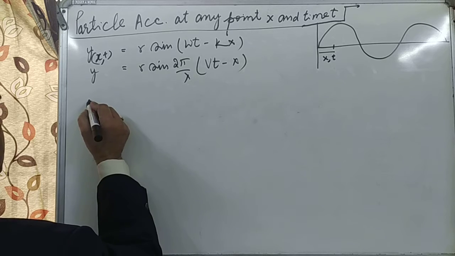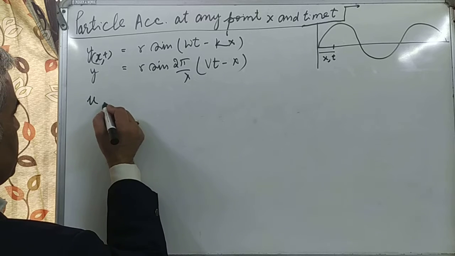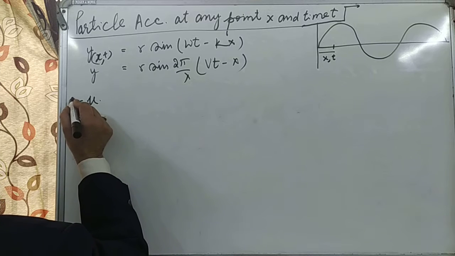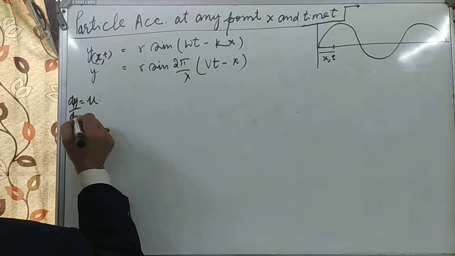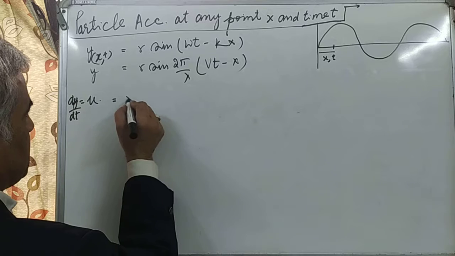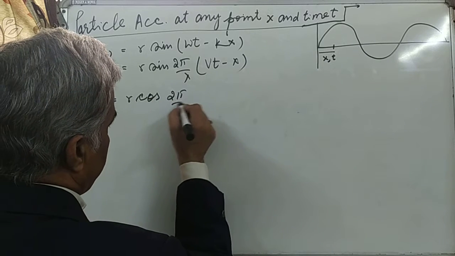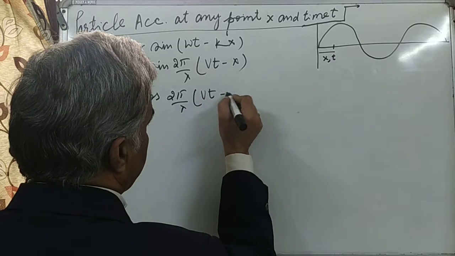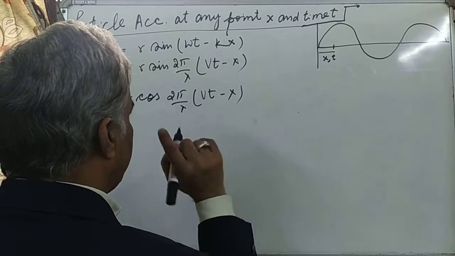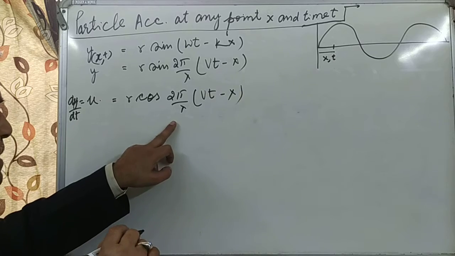So you will find the velocity of the particle, u, which is dy by dt, and this is r times the derivative of sine, which is cos(2 pi by lambda (vt minus x)), into again differentiating with respect to time t.